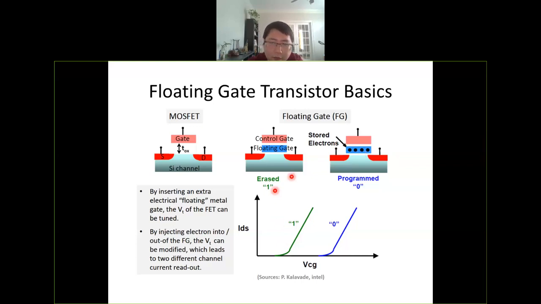And here, if you have a charge in the floating gate, in particular electron, the transistor's ID-VG curve will change. Okay. So for the erased state, no electron here. If this is ID, drain current, versus the control gate voltage, it is like the ID-VG curve in the transistor. So the green line is, let's say, the ID-VG for the one state, and you have a threshold voltage here.